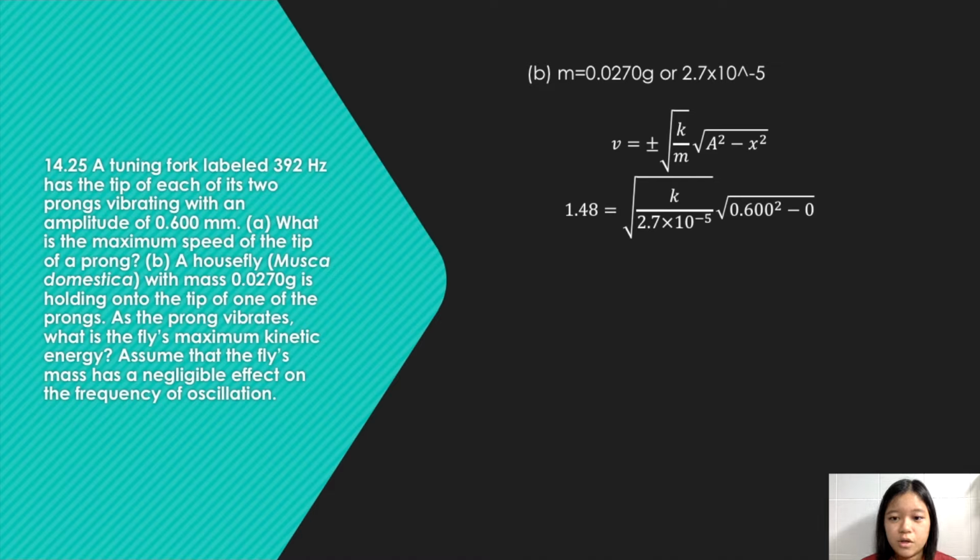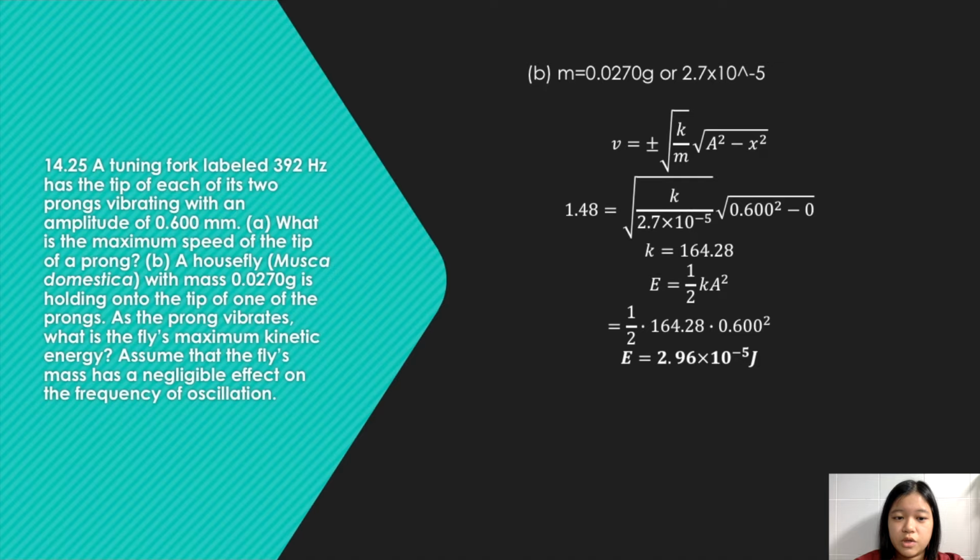To find k, divide both sides by square root of 0.6 times 10 to the negative 3, squared. Sorry, that's supposed to be 0.6 times 10 to the negative 3 squared. And you'll get k equals 164.28. And you can substitute it into the formula for E, which is 1/2 k A squared.